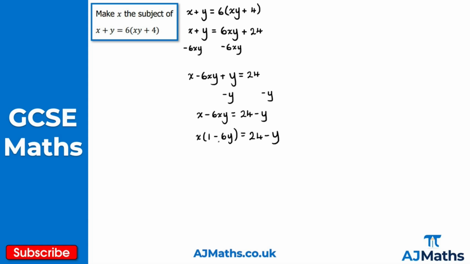So all I need to do then is divide through by this 1 minus 6y. In that case, on the left hand side here, we'll get simply x on its own, and that is equal to 24 minus y, all divided by 1 minus 6y there. Okay, and there we have it. So that would make x the subject there and give us the solution to question 1.